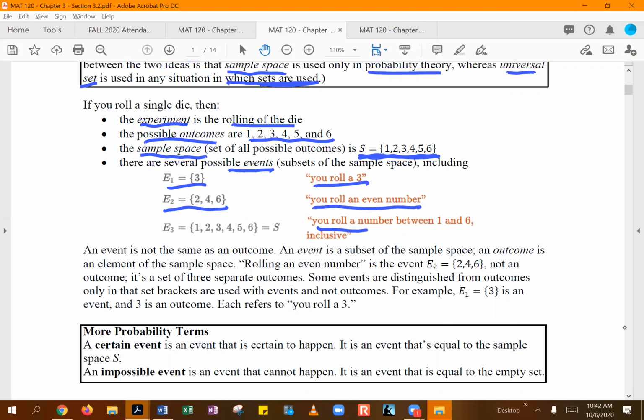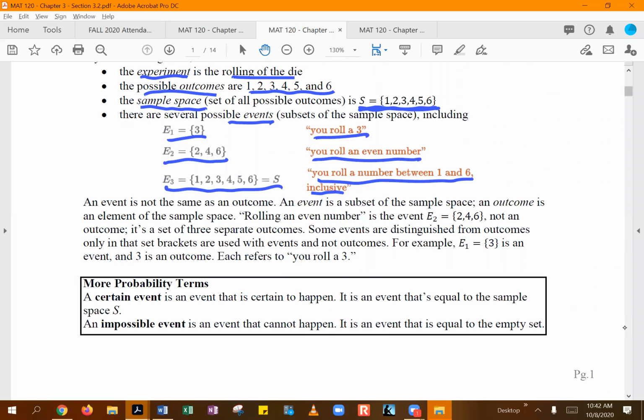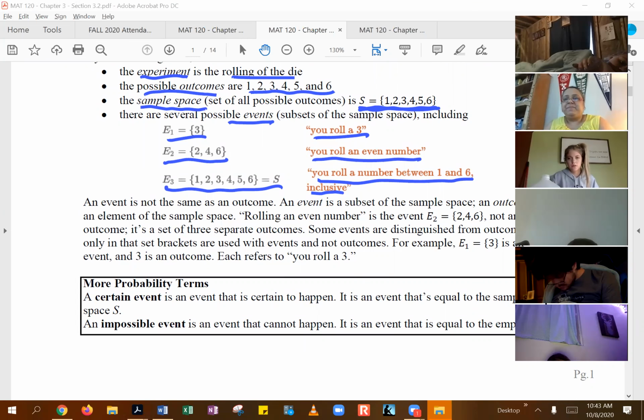If you roll a die and you get a number between 1 and 6, including 1 and 6, then that is going to be your entire sample space. So this event can have all 6 of those numbers, which is similar to our sample space over here. So an event is basically, what are we hoping to observe?